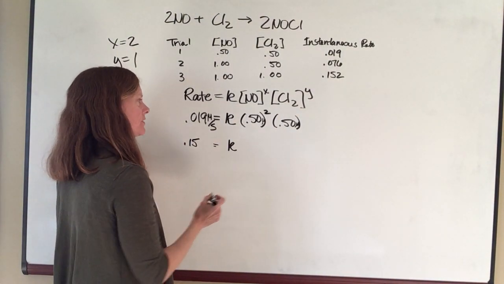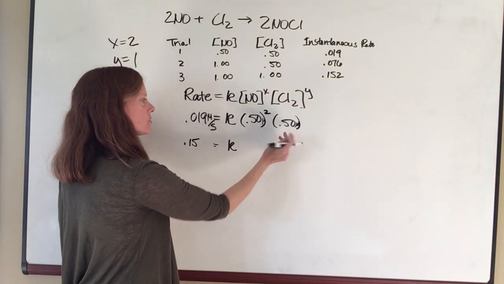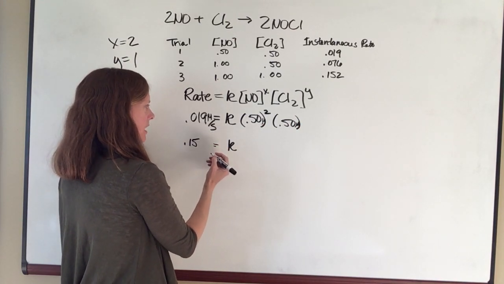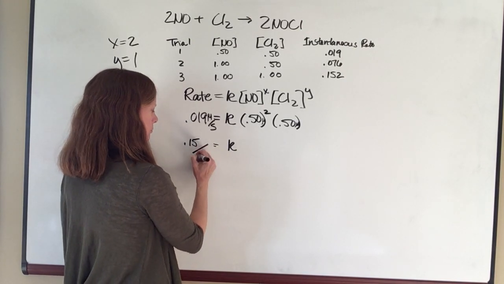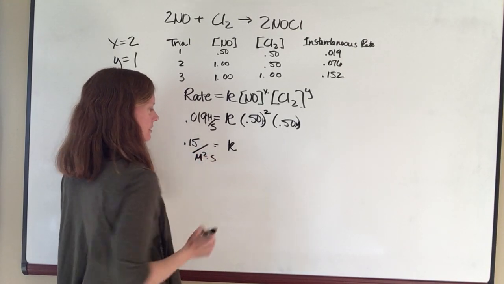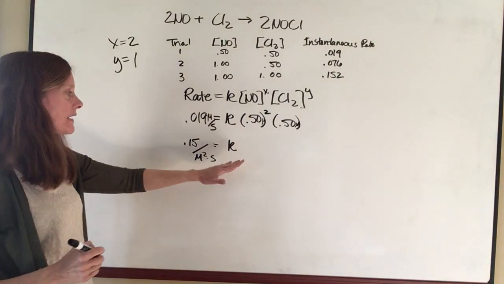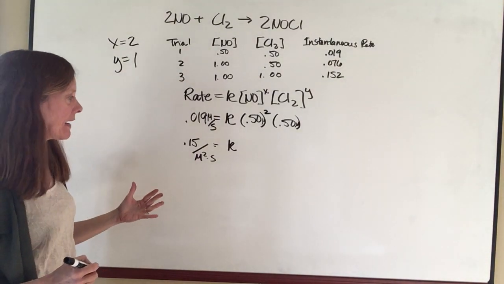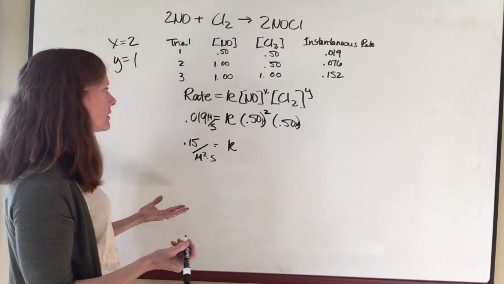Well, what are my units? I have molarity. Here I have molarity squared. Here I have molarity. So when I move those to the other side, what that's going to give me is 0.15 over molarity squared seconds. Okay? So now that I know the rate constant, I can then put that into the overall rate equation, and that will give me the answer that we're actually looking for.